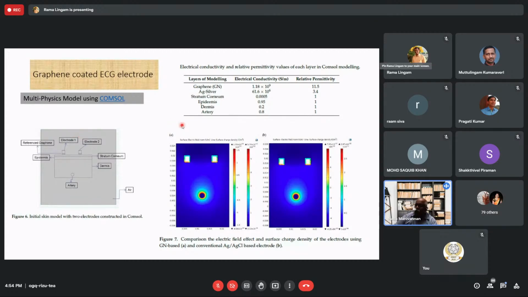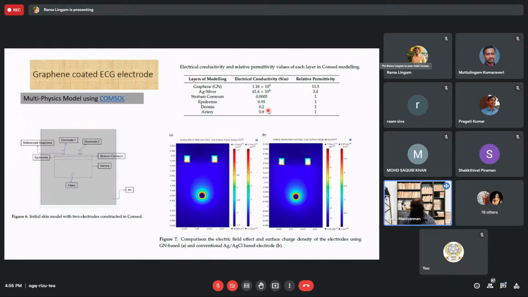The graphene conductivity and relative permittivity is 1.18 × 10^9. Silver is the one we used for the electrode, and the coated electrode has graphene on top of the silver. Silver is 61.6 × 10^6 Siemens per meter, and the other three, the body or flesh parts, give different conductivity values.